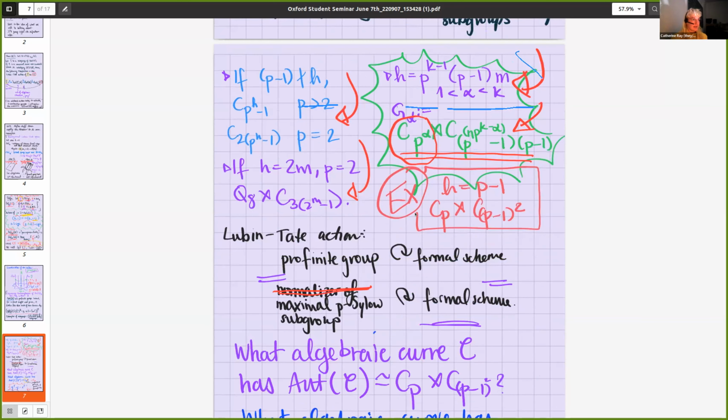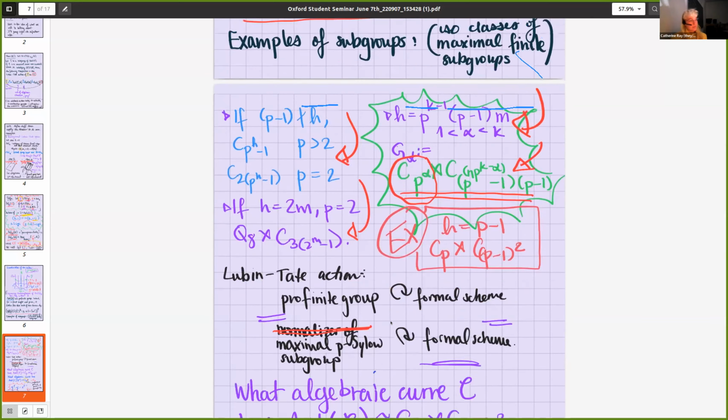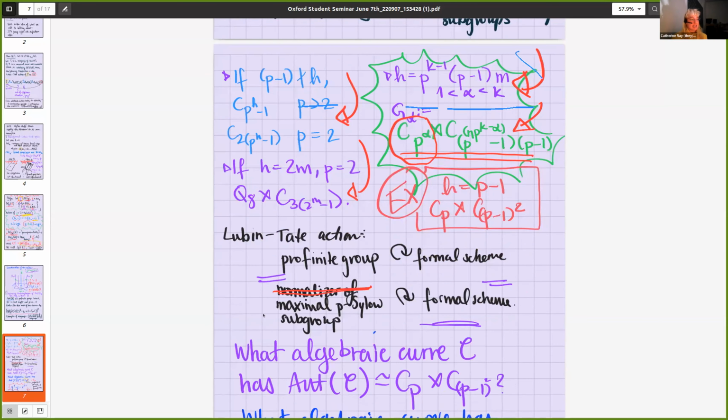Instead of trying to understand the full profinite group action on this formal scheme, we're going to try to understand the maximal p-Sylow subgroup's action on the formal scheme. And in fact, even trying to understand this action, as I've written here, is extraordinarily difficult.